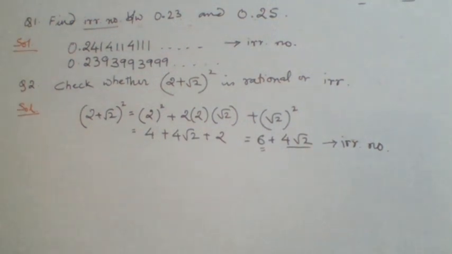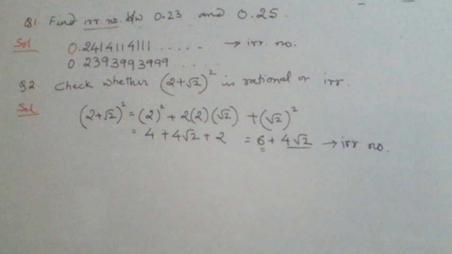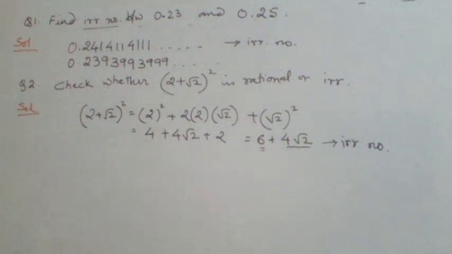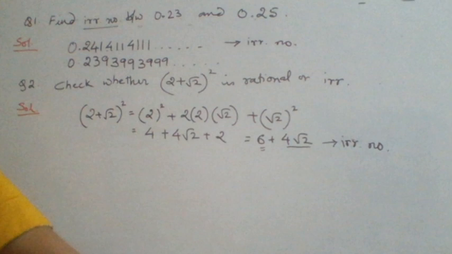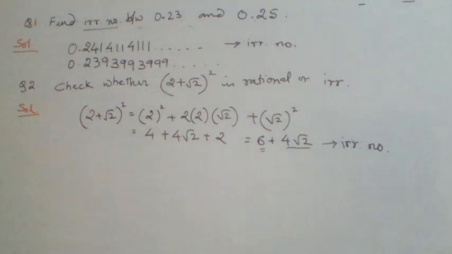Now we will give you some notes on how to check whether these are rational or irrational. So we will discuss some important points about irrational numbers. Okay, I hope you have written it down.